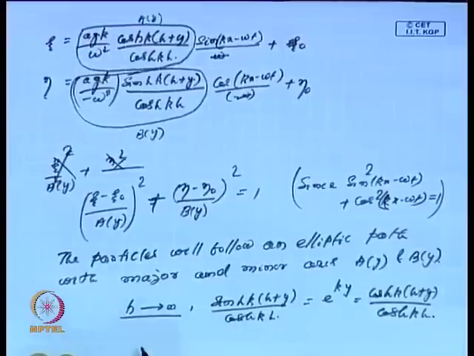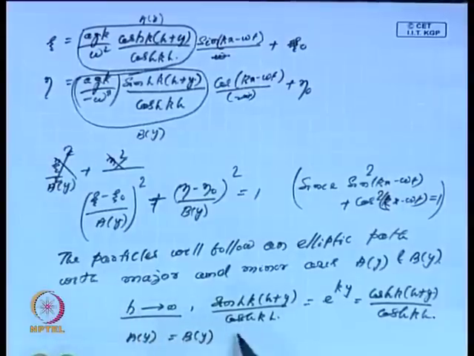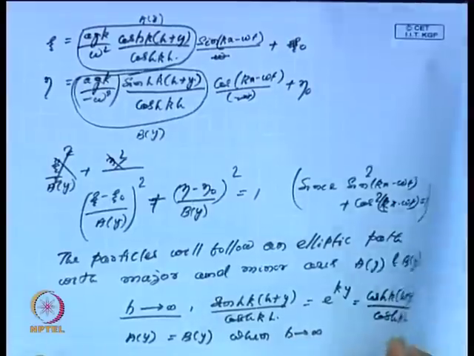This can be easily obtained. So as a result we have a_y becomes b_y when h tends to infinity.